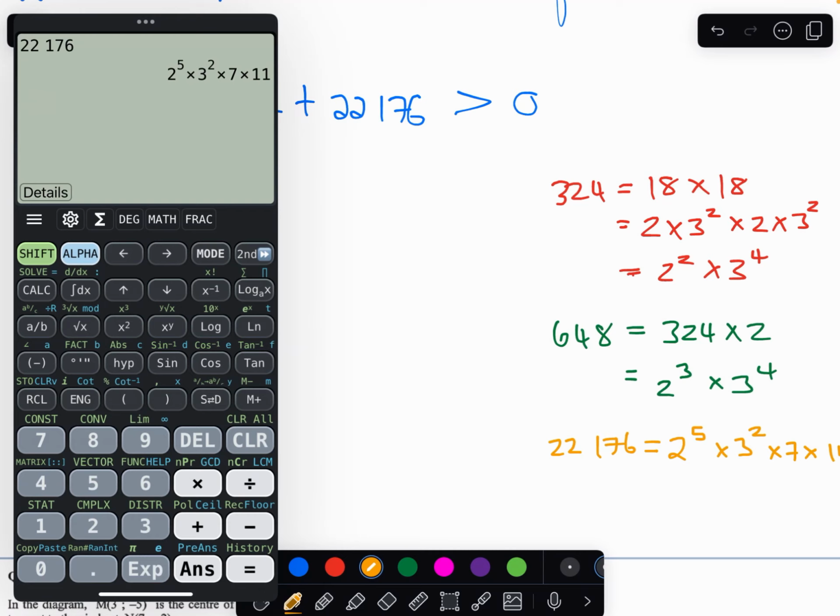Okay, so the common factor for all of these guys, the highest common factor, for the 2's, the highest that they all have in common is 2 to the 2. And for the 3's, the highest that they have in common is 3 to the 2. So that's going to be 4 times 9, which is 36. Oh my goodness, of course it's 36.